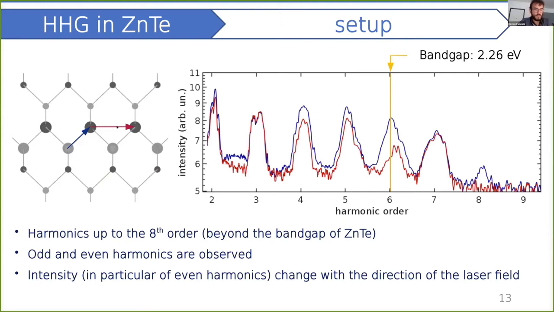So it can be seen first that harmonics up to the 8th order are generated, which is beyond the band gap energy of ZnTe. And then that both odd and even harmonics are produced. And finally, it can be seen that the intensity of even harmonics is reduced when the laser is polarized along the red horizontal direction.